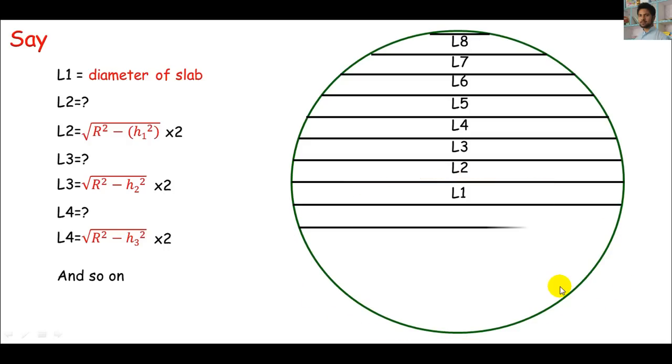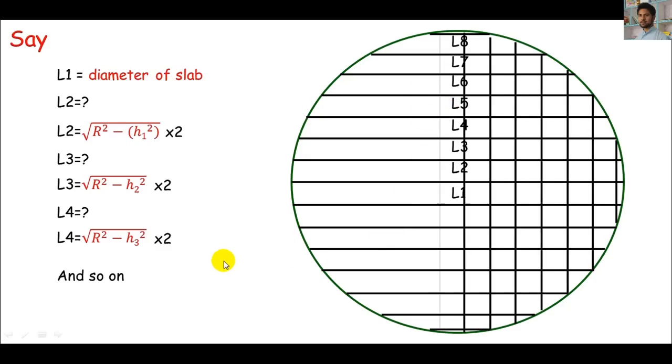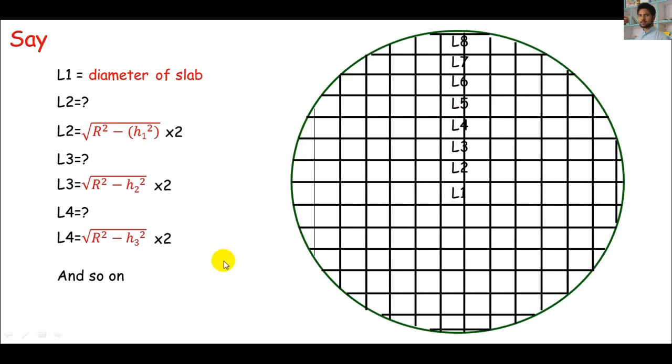When you have the same bar diameter and the same spacing for temperature bars, just multiply by 2 and you can get temperature bars too. And this is quite simple. I think let's have an example to know a little better.